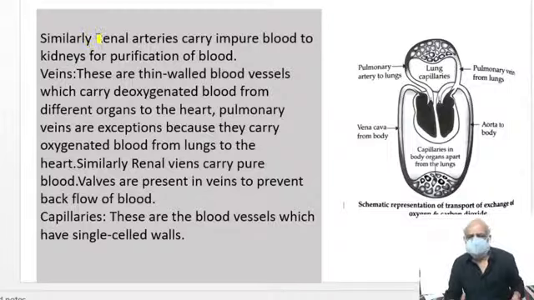Renal arteries carry impure blood to the kidneys for purification of blood, and renal veins carry pure blood to the heart.